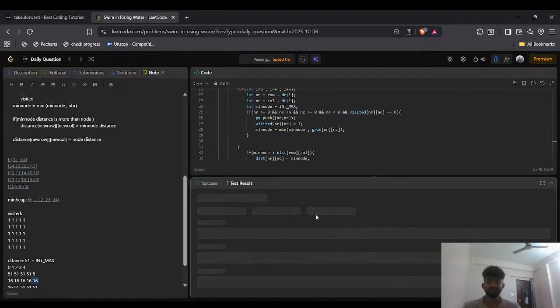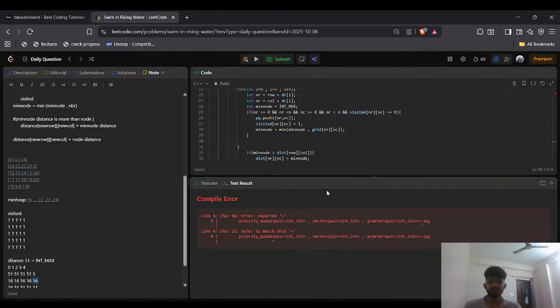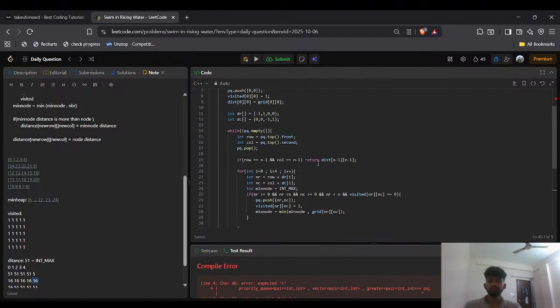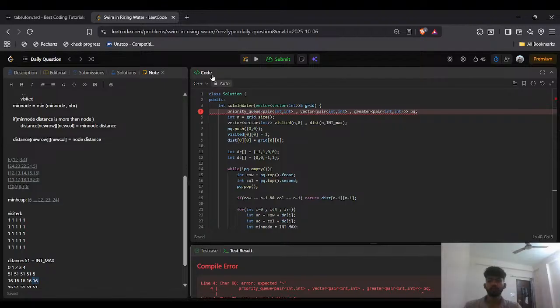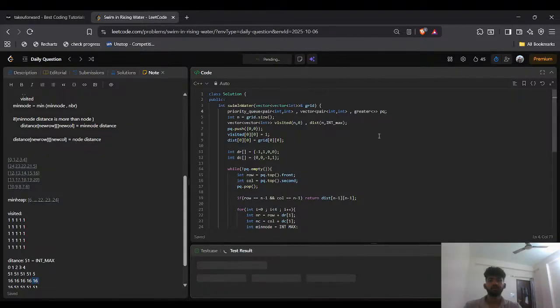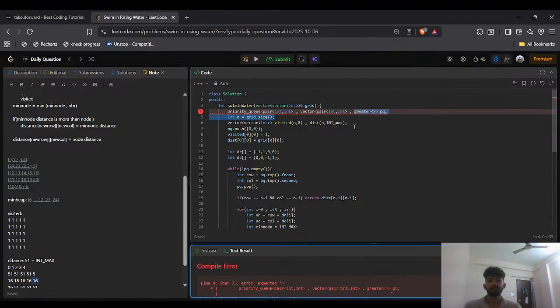Let's see. Okay, so it is saying priority queue declaration is wrong. How do we make a priority queue? I saw one tutorial in which he wrote it like this. It's still getting an error. We need to see how to write it.